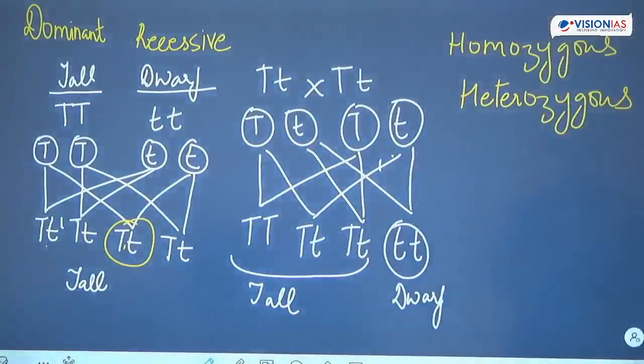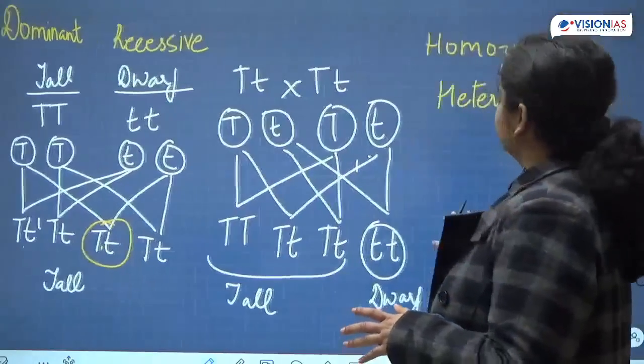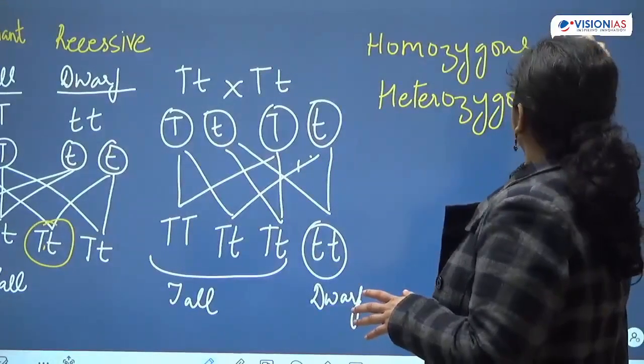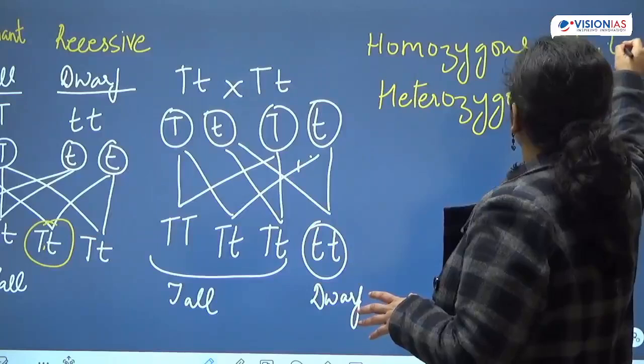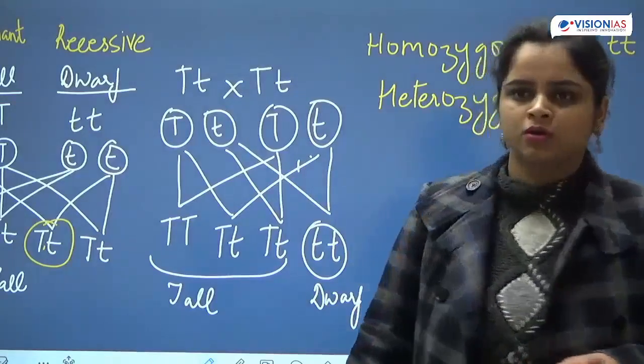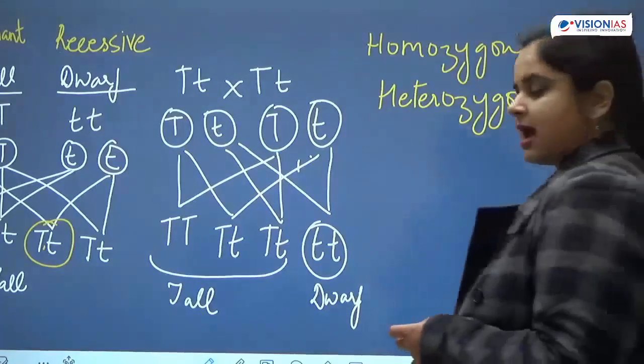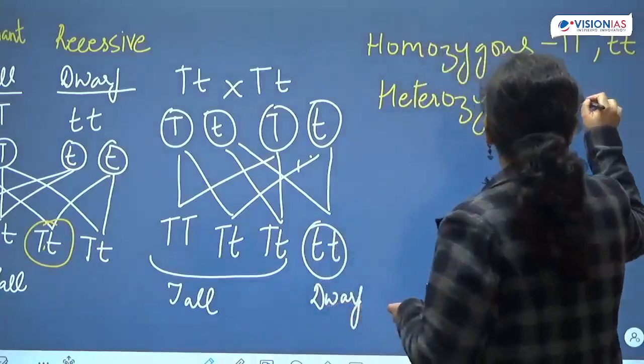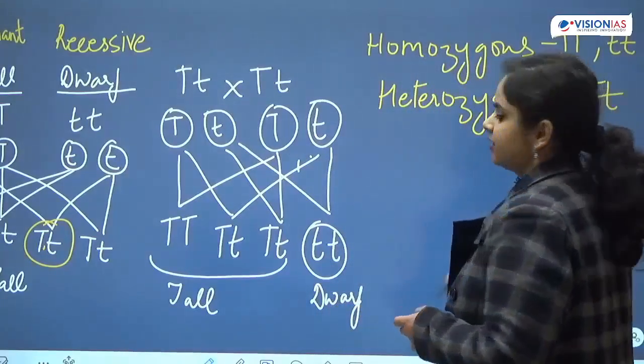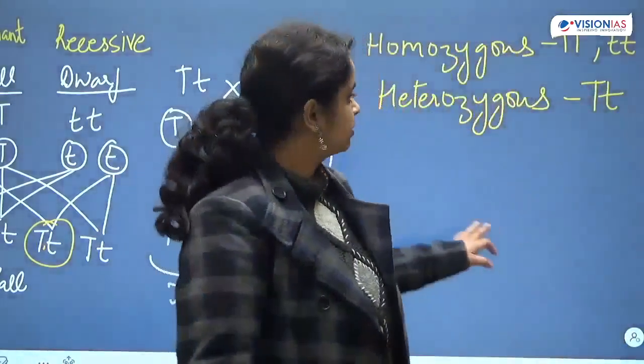When both the genes are the same, like capital T, capital T, or small t, small t, that we will call homozygous. And heterozygous will be when both are different, capital T and small t.